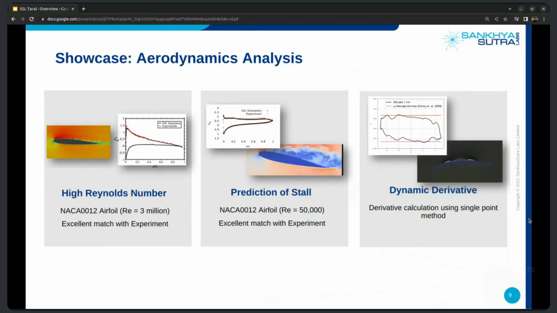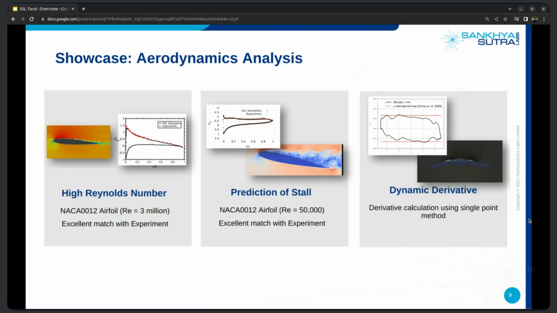You see from the plot of pressure coefficient versus location in the chordwise direction, our solver is able to capture the suction peak and all the characteristics that you see in experimental results very well.